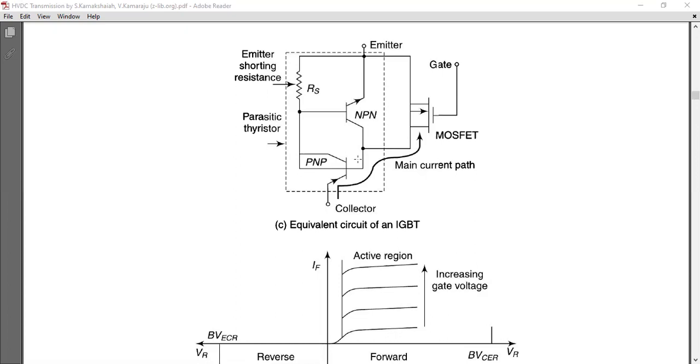VGE should be greater than the threshold voltage. The turn off of the IGBT is controlled from the external circuit. The turn on or turn off times are usually 2 to 3 microseconds.